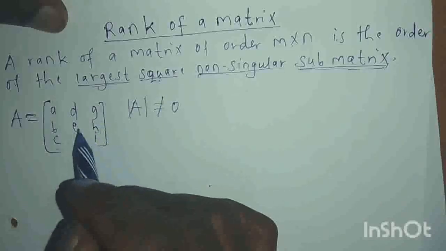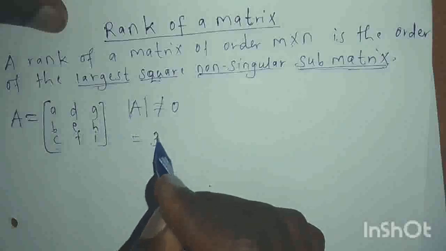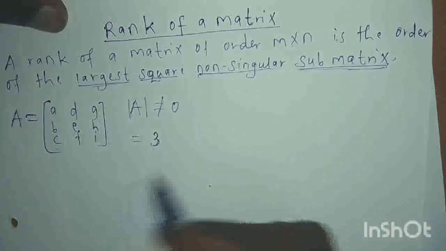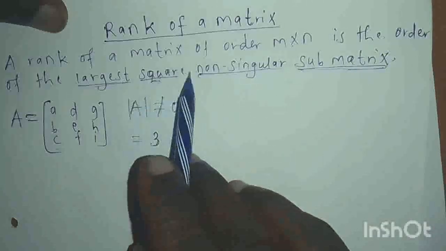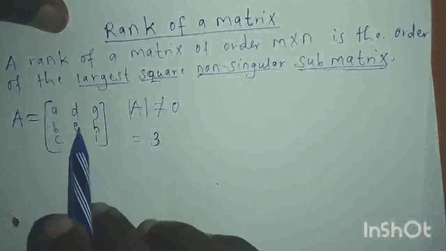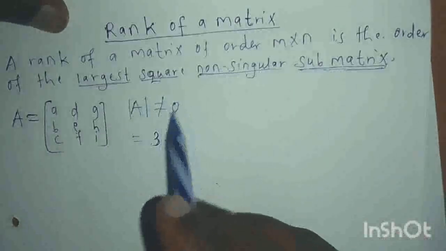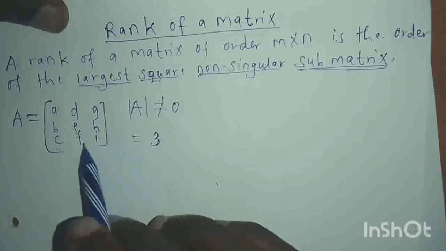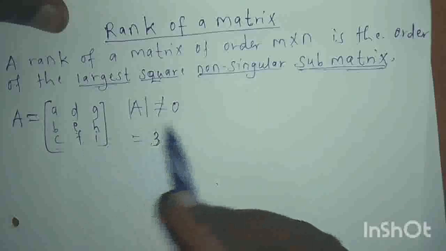So the rank of this matrix will be 3. We said it is the order of the largest square non-singular submatrix. But if this matrix is a square matrix and its determinant is not 0, then it is itself the rank of itself.